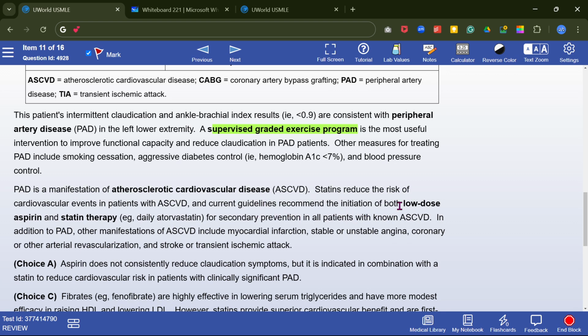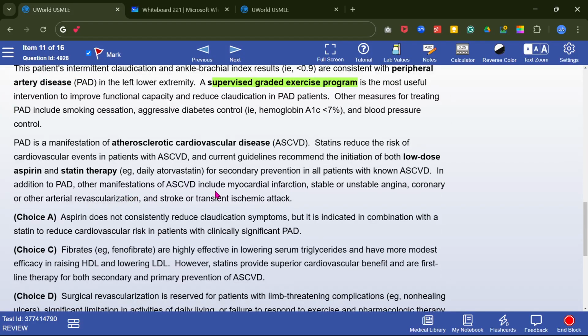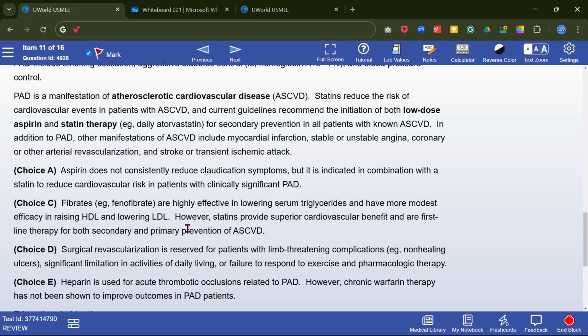Current guidelines recommend initiation of both low dose aspirin and statin for secondary prevention in all patients with known ASCVD. In addition to PAD, other manifestations of ASCVD are myocardial infarction and stable angina.